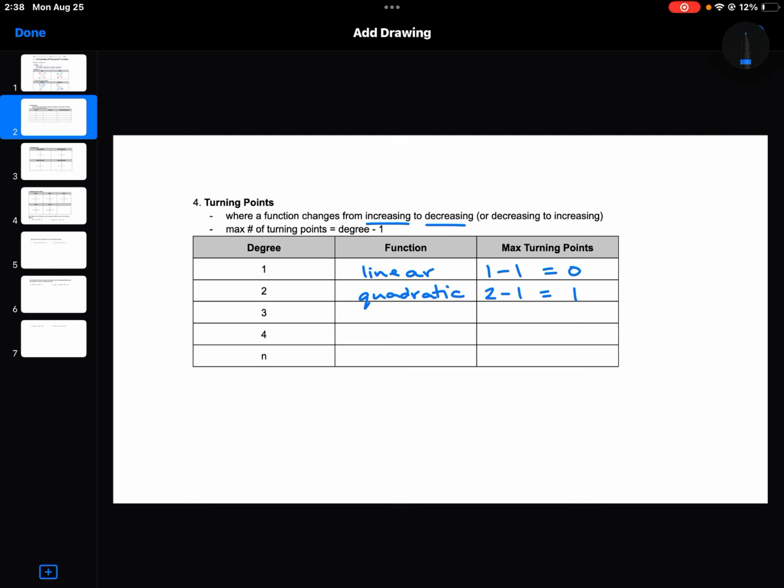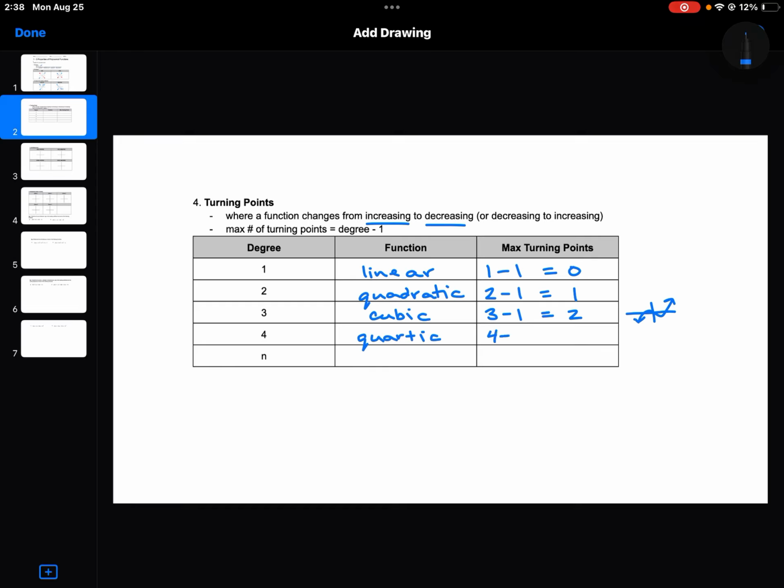A degree 3 function is a cubic. Maximum number of turning points would be 3 minus 1, which is 2. If you don't know what a cubic looks like, it sort of looks like a snake, like this, changing direction up to a maximum of 2 times. A degree 4 function is called a quartic function.